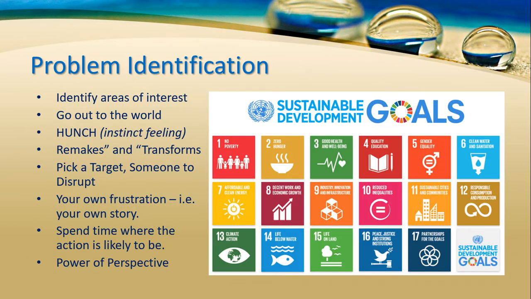Alright, so to identify problems, you can make use of the list of opportunity recognition presented previously, or we can focus on the United Nations Development Plans na sila'y 17 ka sustainable development goals.